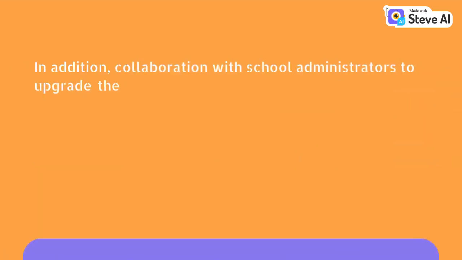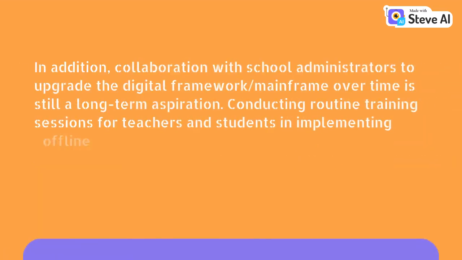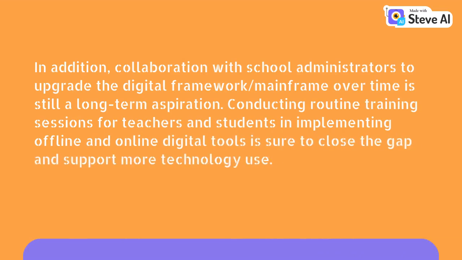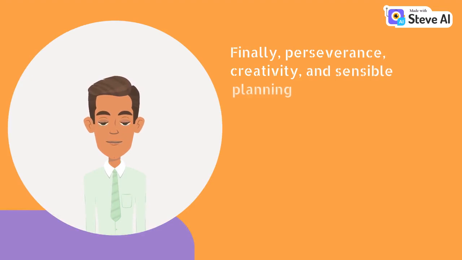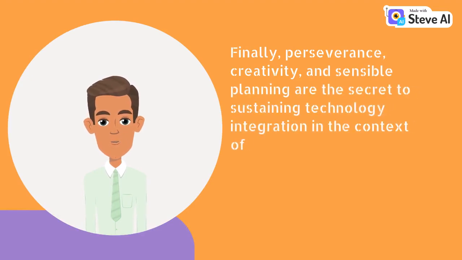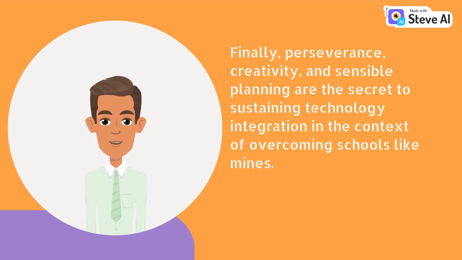In addition, collaboration with school administrators to upgrade the digital framework over time is still a long-term aspiration. Conducting routine training sessions for teachers and students in implementing offline and online digital tools is sure to close the gap and support more technology use. Finally, perseverance, creativity, and sensible planning are the secret to sustaining technology integration in the context of schools like mine.